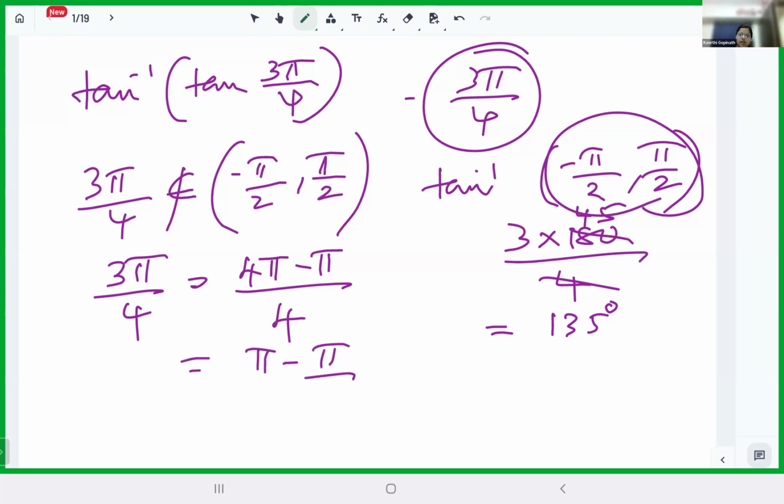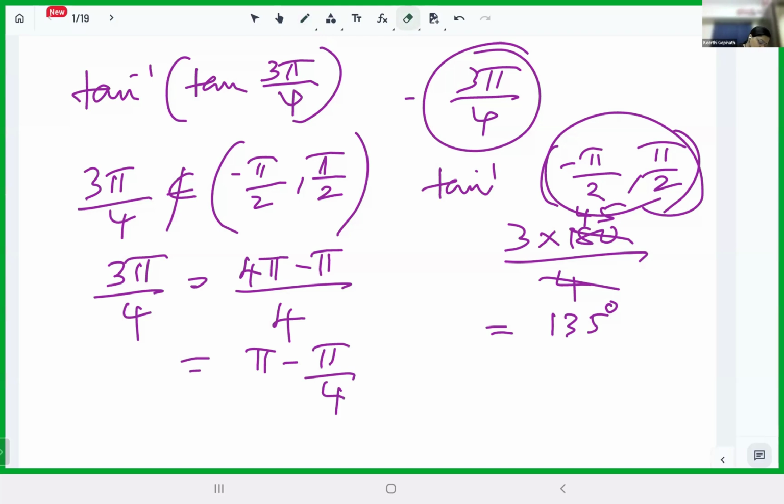I'm not simplifying it; you can do it as homework. It's very simple. So we are going to substitute that in the equation.